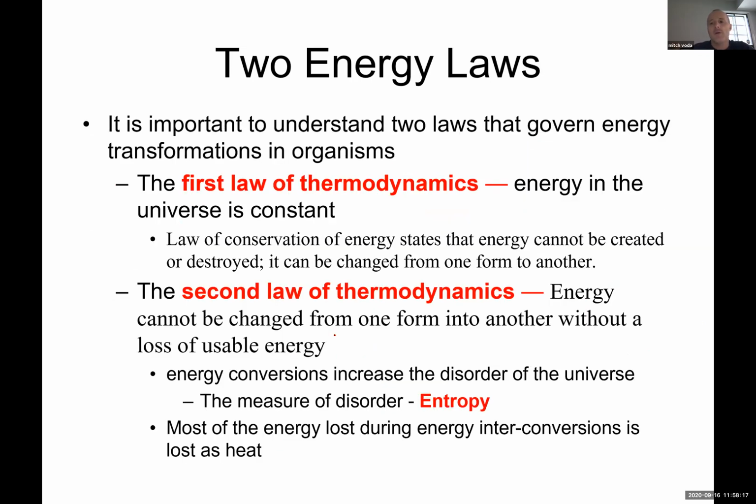Two laws are used for energy in physics. Energy always transforms from one form to another. So the first law states that the energy in the universe is constant. Basically, nothing can disappear, and nothing can show up from nothing.